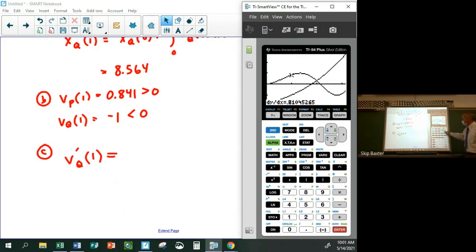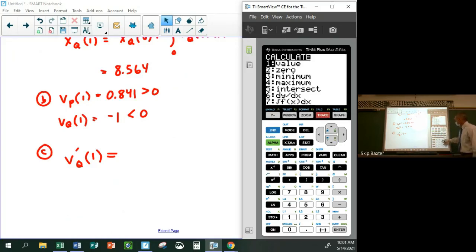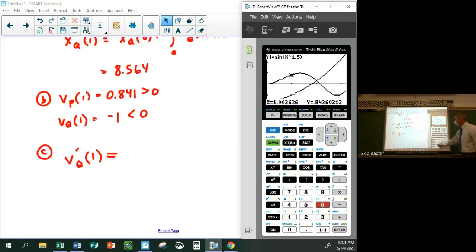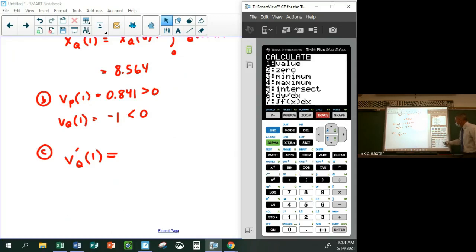And this is P, so Q would be this function. And the value, did I mess up? Yeah, I think we just have to do it again. Second calc dy/dx at 1. That's for the first one, that's one. Yeah. Is that how it works? Second calc dy/dx.